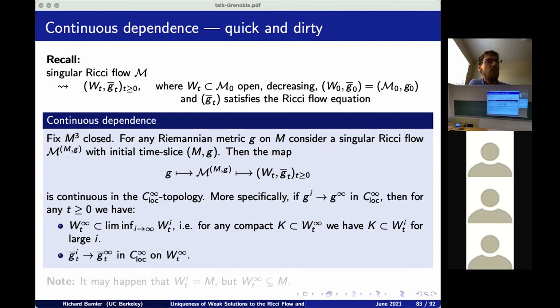And we have smooth convergence, or local smooth convergence, of the corresponding metrics GIT and their derivatives. Okay, so note, it's important here that we don't have any better convergence. So it may happen that all the WITs are M, but then in the limit, the flow would correspond to some singular Ricci flow, and therefore W infinity t would not be equal to M. Okay.